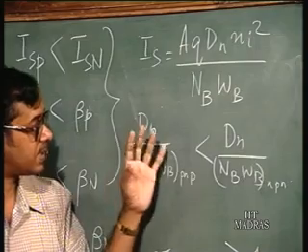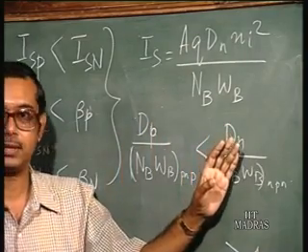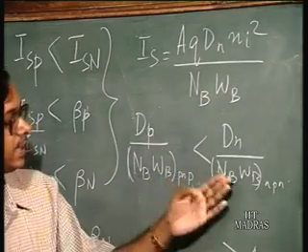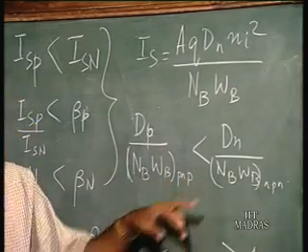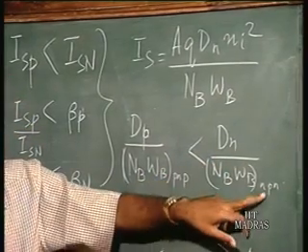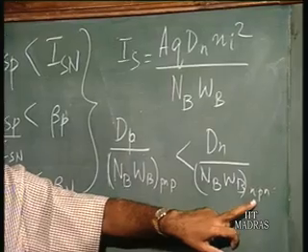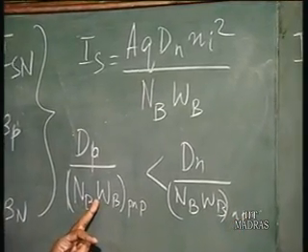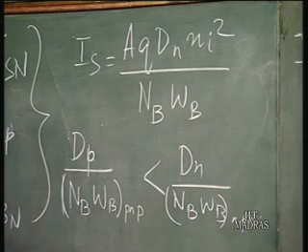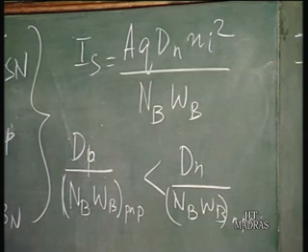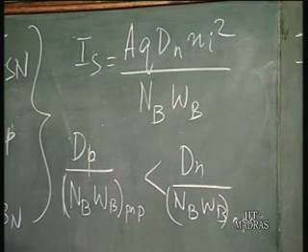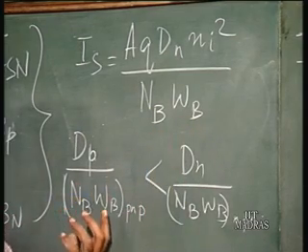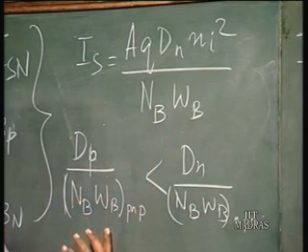So, this expression on the left hand side has to be less than that on the right hand side. So, NB WB for the NPN must be less than that of NB WB for the PNP. Okay, all right, isn't it? So that the term on the right hand side is much greater than the term on the left hand side.